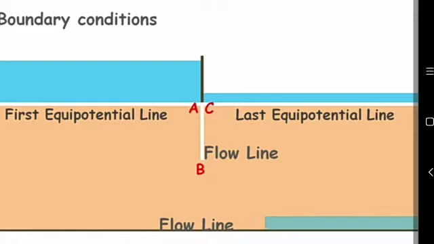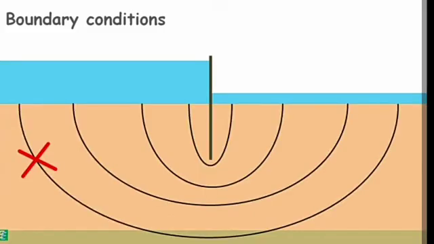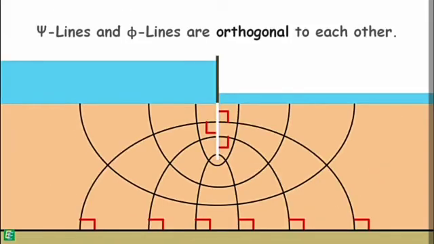The water flows along this surface from left to right. While drawing the flow net, keep in mind that no flow line can intersect the impermeable boundary, because the boundary itself is a flow line. For the same reason, equipotential lines must meet it at right angles, because impermeable boundaries are flow lines and flow lines meet equipotential lines at right angles.